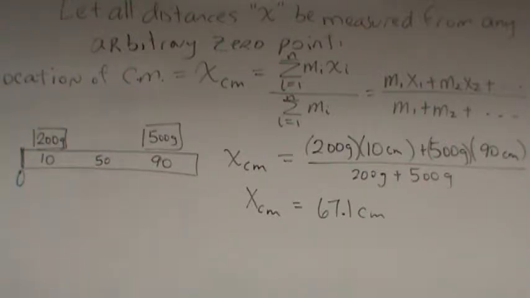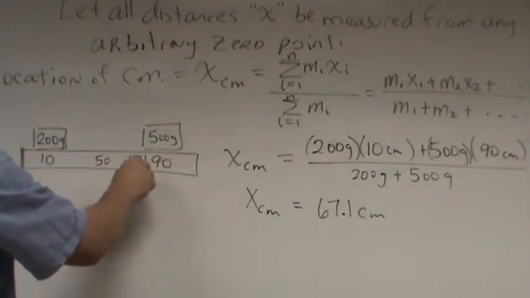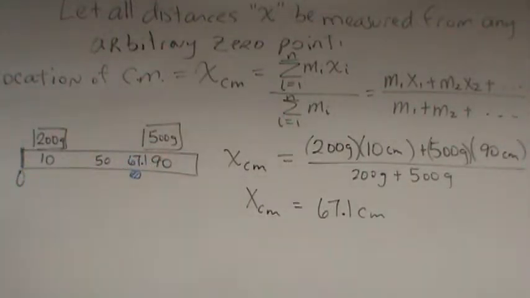That is, I should be able to stick my finger right there at 67.1 centimeters and balance those two masses, because that's where the center of mass is. Any question or issue on this?